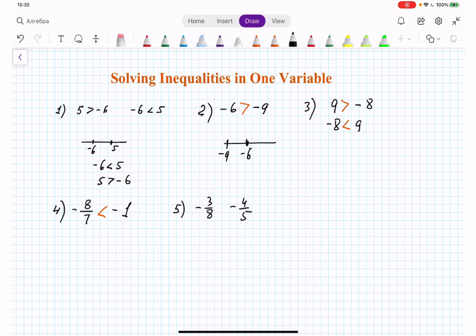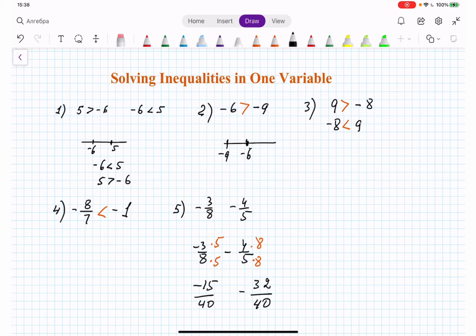To compare them and figure out which one is greater, which one is smaller, we need to bring them to a common denominator. So negative 3/8 and negative 4/5. 8 and 5 is 40, right? Common denominator. So this one is multiplied by 5 and 5, and that one by 8 and 8, and we are getting negative 15 over 40 and negative 32 over 40.